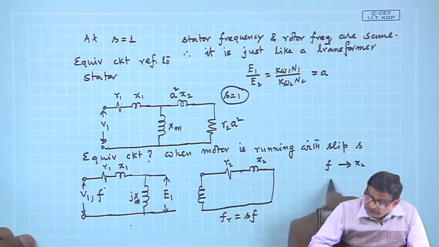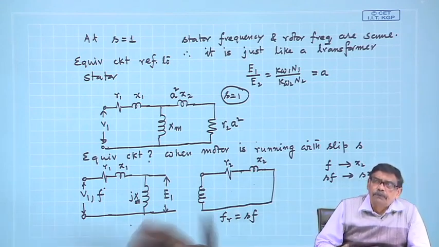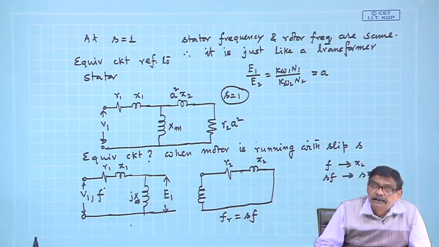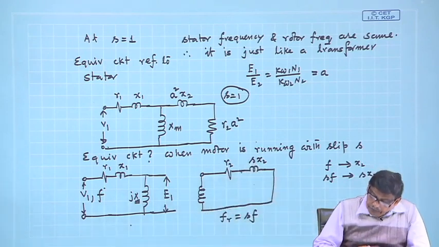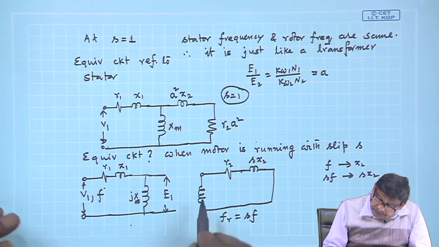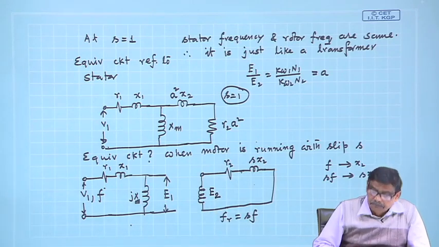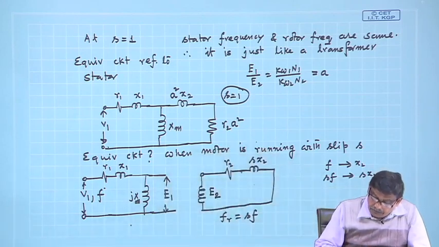This reactance was X 2 at F; at SF it will be S into X 2, obviously 2 pi SF into L, if L is the leakage reactance. You can easily show. So, this should be S. And this is of course your E 2 at some S, which will also be less. So, this is the scenario at S not equal to 1.